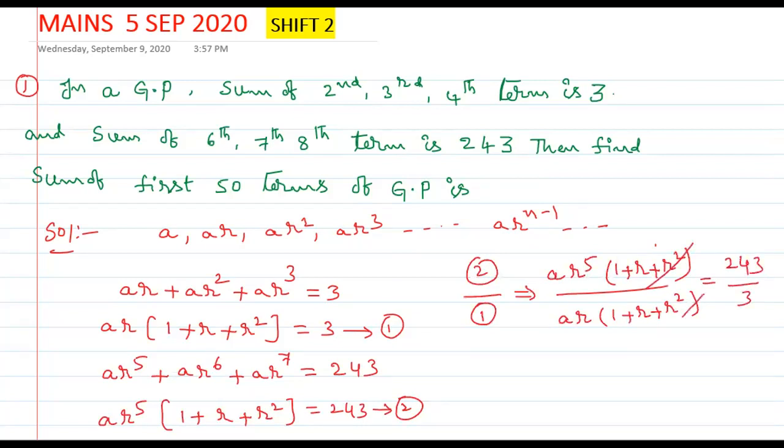These two cancel, A also cancels, R also cancels. We get R power 4, that is equal to 81. 81 means that is 3 power 4 only. So finally we got the R value is 3.